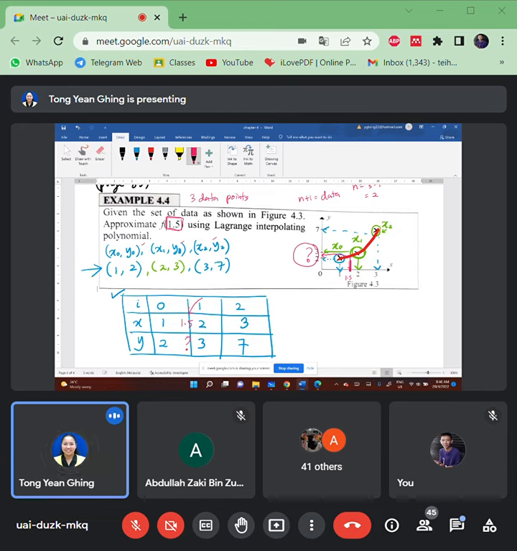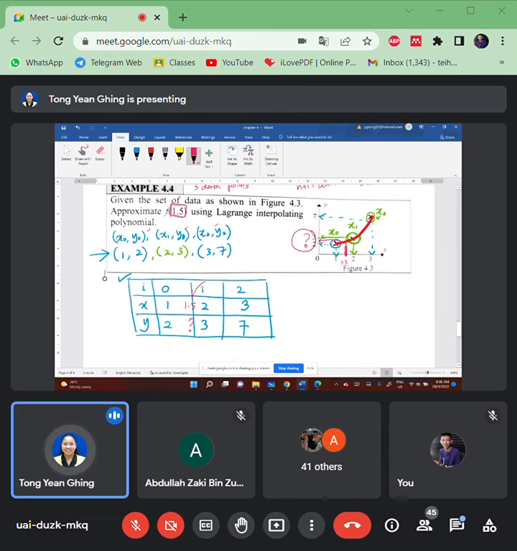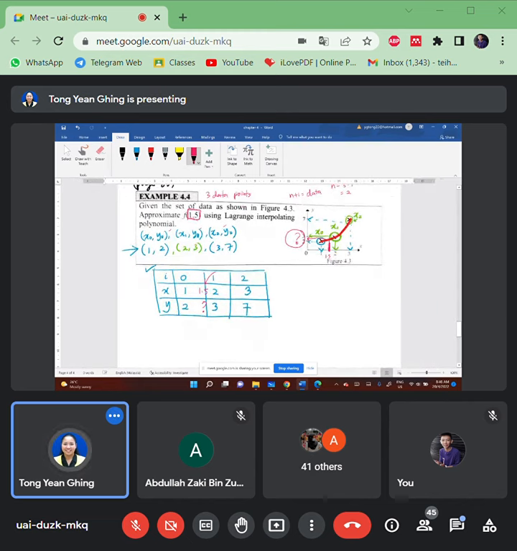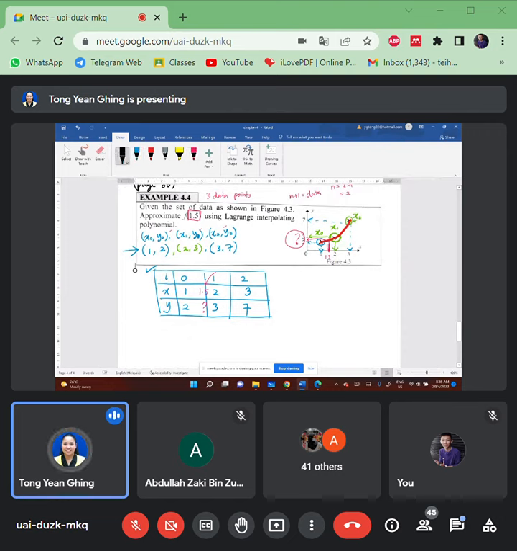Okay. So now do the Lagrange interpolating polynomial. I want to find f(1.5). So I take the polynomial and put 2 here, P2 at 1.5. You know why I put 2 here?